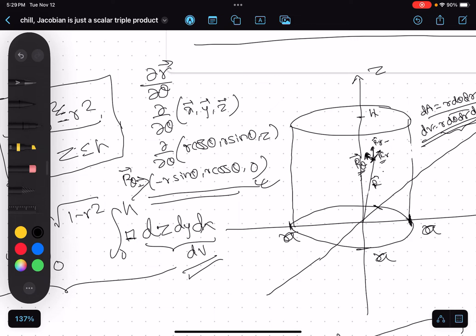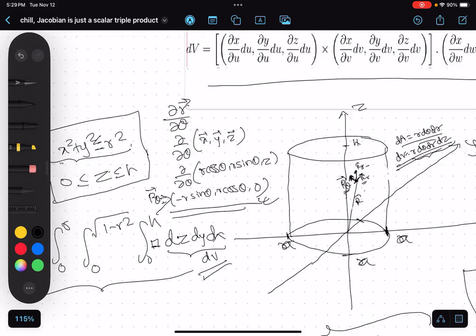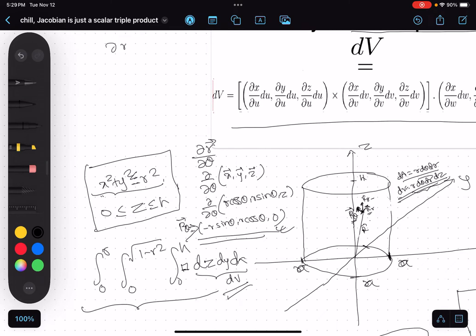Using the same way, if you want me to find, let's say, the change in r vector due to r, I can find it. The r vector is a combination of x, y, z components. In this case x is r cos theta, y is r sin theta, and z is just z.